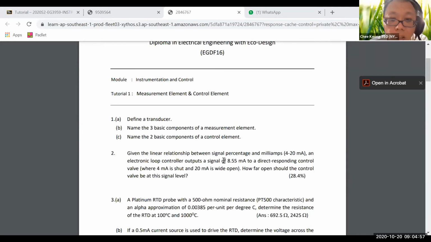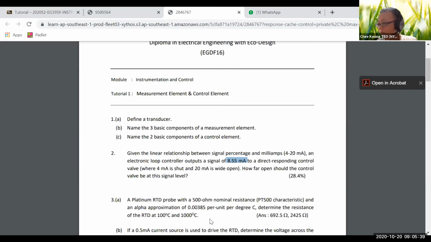Given a relationship between the signal percentage and milliampere, an electronic loop controller outputs 8.55 milliamp. This is the range of output it can produce, 4 to 20 milliamp. Now it is outputting 8.55 milliamp to a direct corresponding control valve, where 4 milliamp means totally shut, and 20 milliamp means wide open. How far should the control valve be at this signal level? So it's asking you the percentage of opening at 8.55 milliamp.